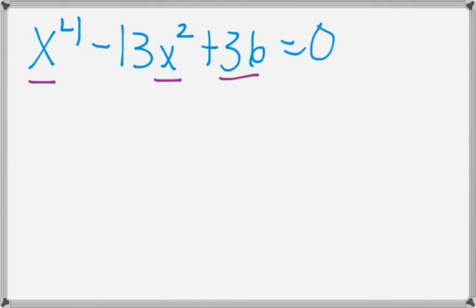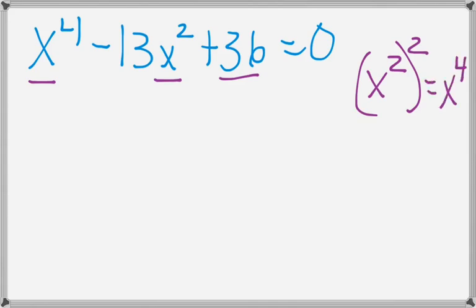So for example, if you take x squared and you square it, you're going to multiply those exponents and you get x to the fourth. So that's why we say this is a quadratic type, because you have a constant term, you have a middle term, and then if you square that middle variable expression, you get the variable part of the first term.